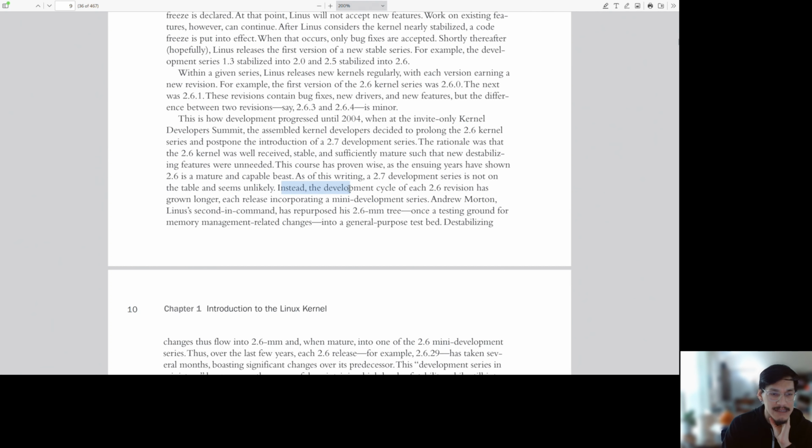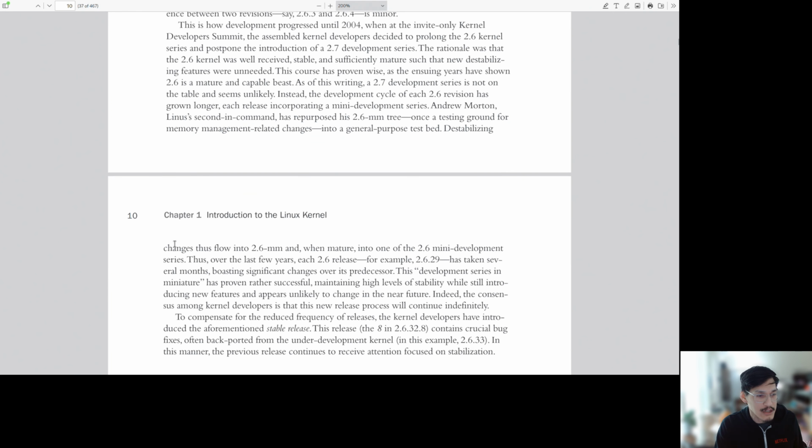Instead, the development cycle of each 2.6 revision has grown longer, each release incorporating a mini development series. Andrew Morton, Linus's second in command, has repurposed his 2.6-mm tree, once a testing ground for memory management related things, into a general purpose test bed.